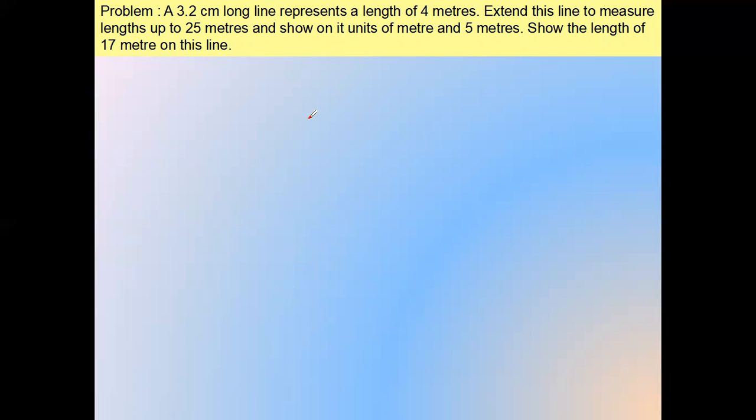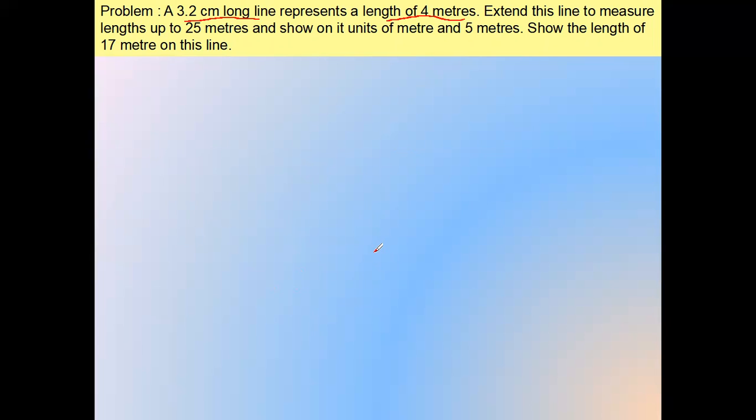That means we draw a 3.2 centimeter long line, but the actual length of the line is 4 meter. This is our RF, and it is given in this problem.